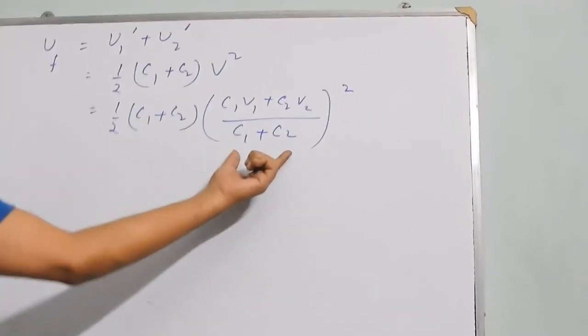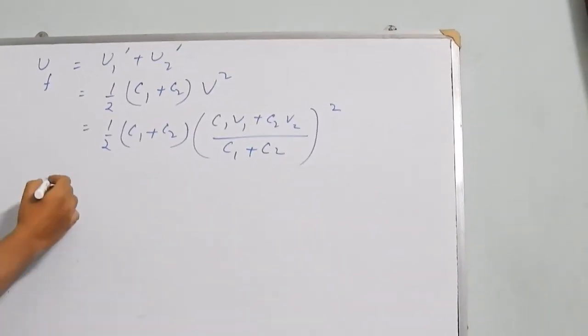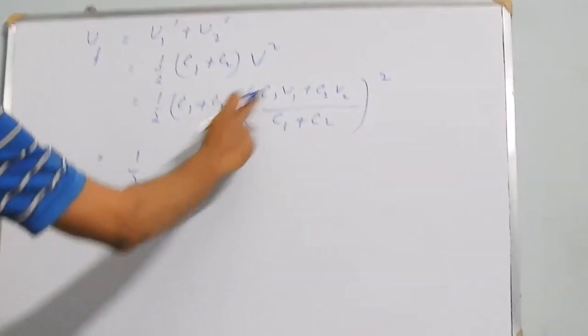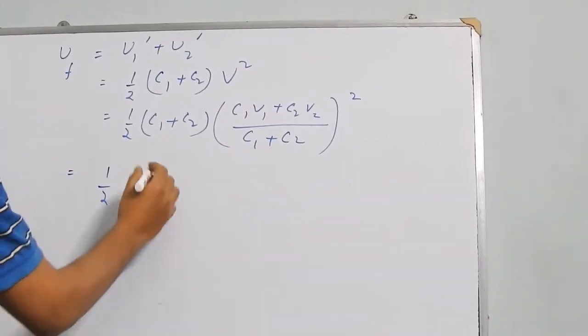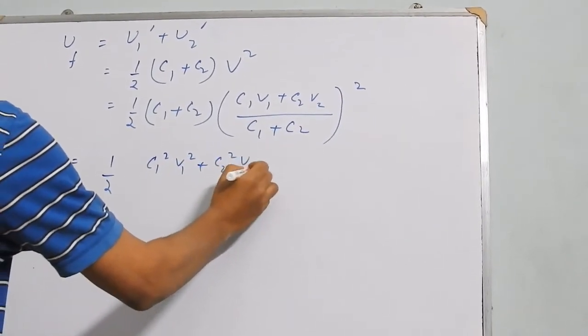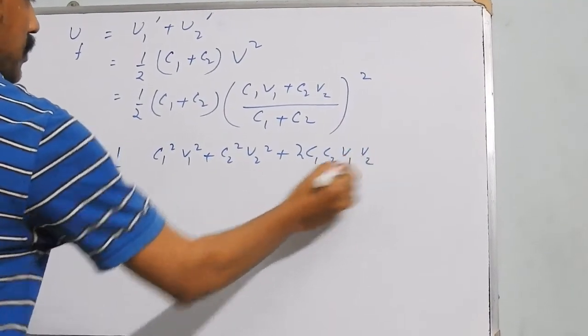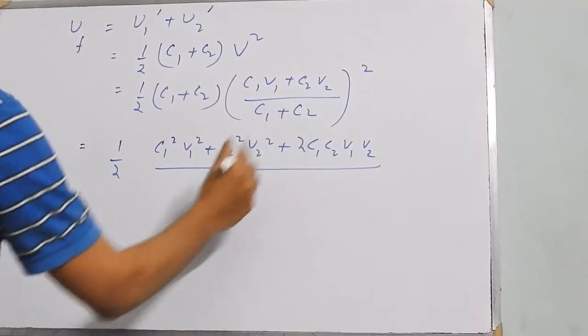Now C1 plus C2 whole square in the denominator will cancel out with C1 plus C2 in the numerator, and we get half. After expanding this one, C1 square V1 square plus C2 square V2 square plus 2 C1 C2 V1 V2 divided by C1 plus C2.